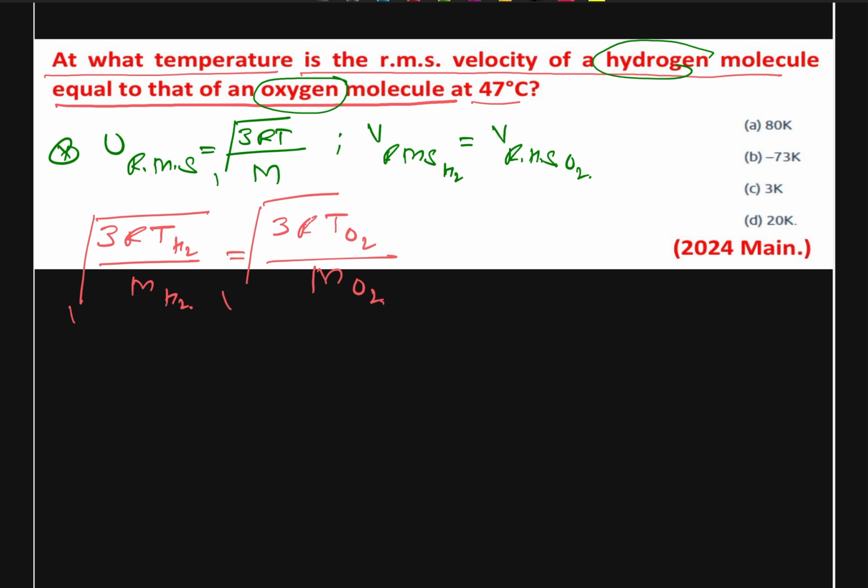Here the 3R and 3R cancel out. Similarly, the square root will also go away.